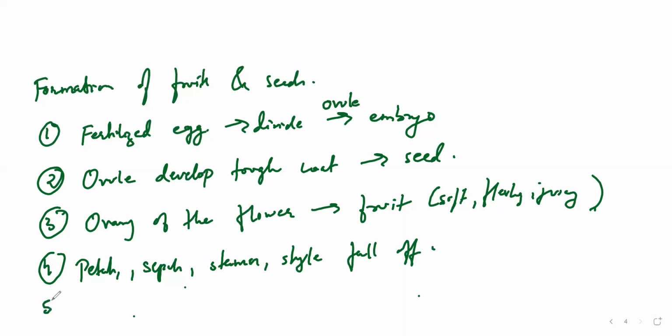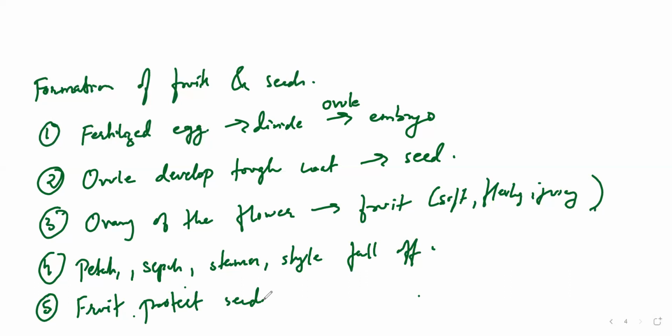Then the fifth one is that the fruit will protect the seed. Because now you know that when you take the seed out of the fruit and plant it, it will give rise to a new plant or a baby plant.